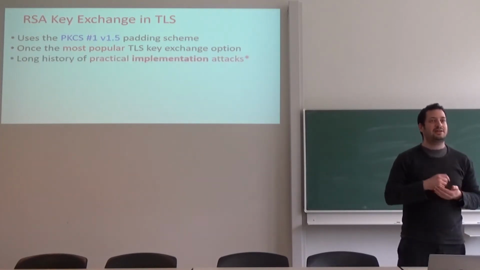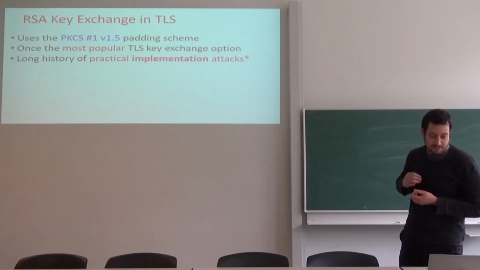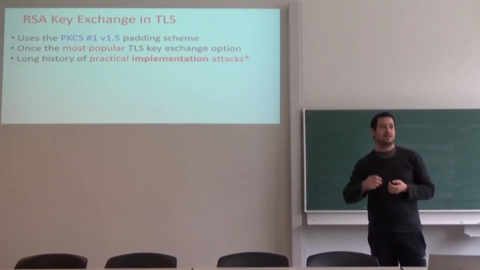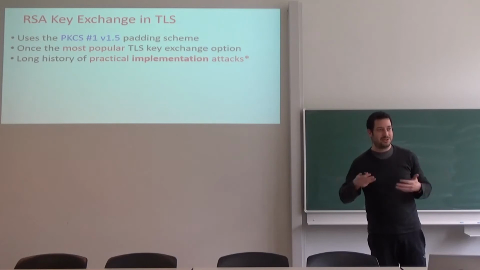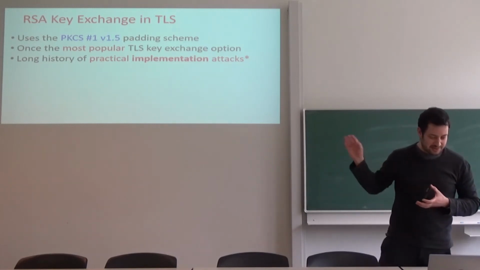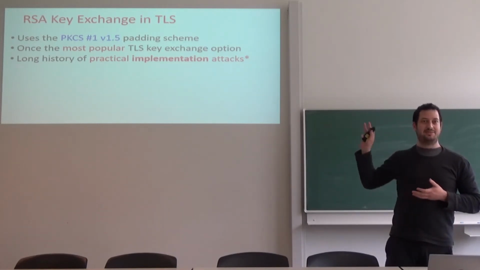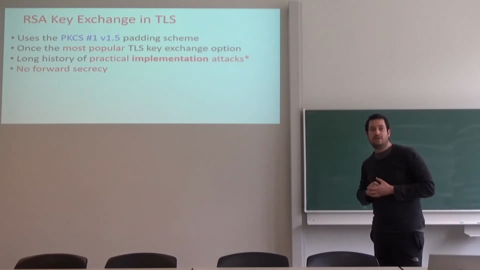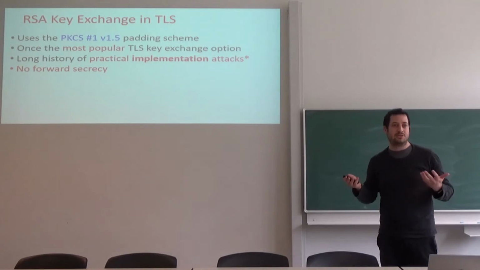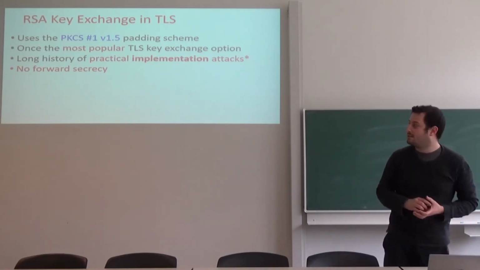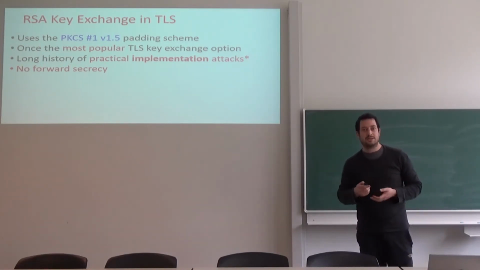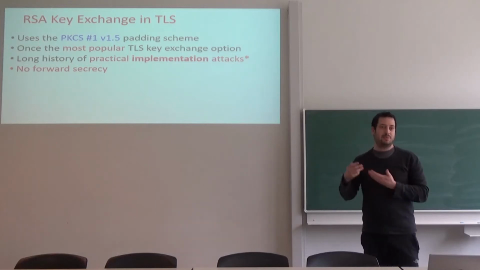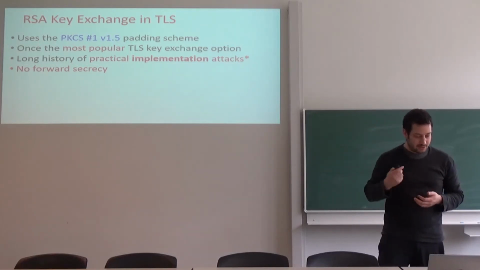However, it has a very, very long history of practical implementation attacks, so long that I won't have time to go into all of the different attacks, but believe me, it has a very bad history. And moreover, it doesn't support forward secrecy, which is something that we really like to have, especially in the post-Snowden era. So people probably shouldn't use it right now.